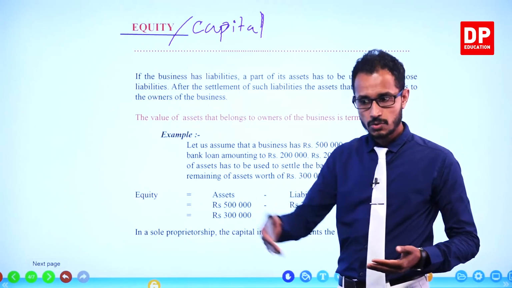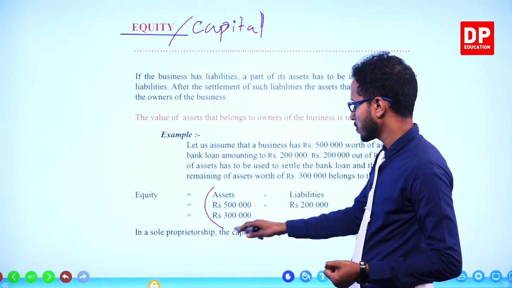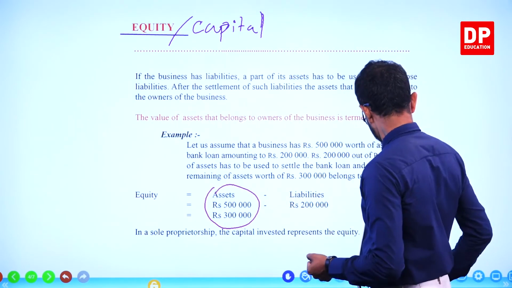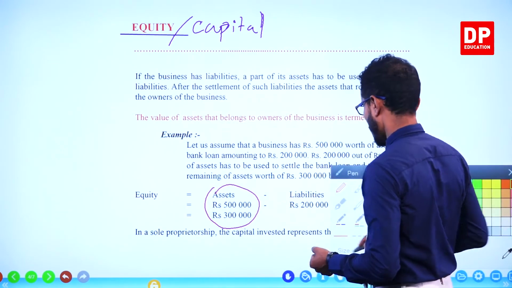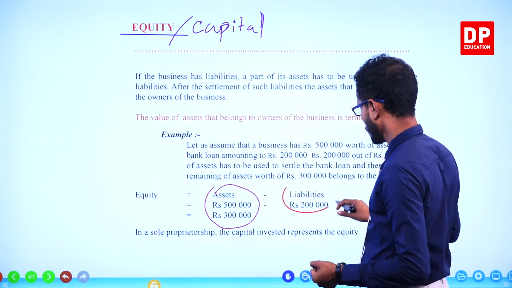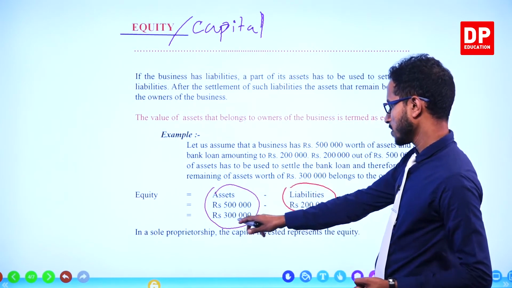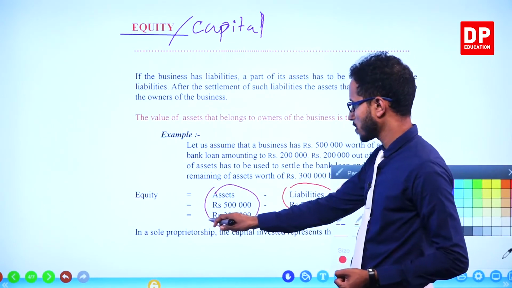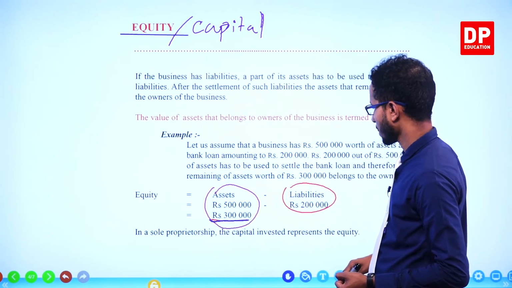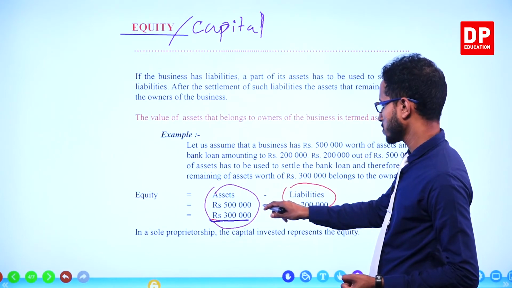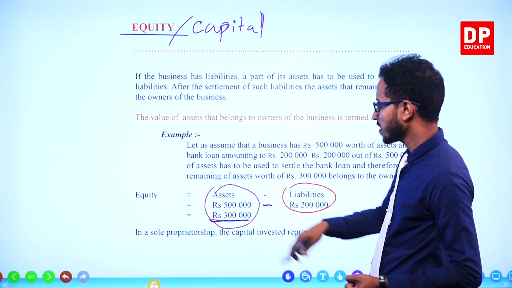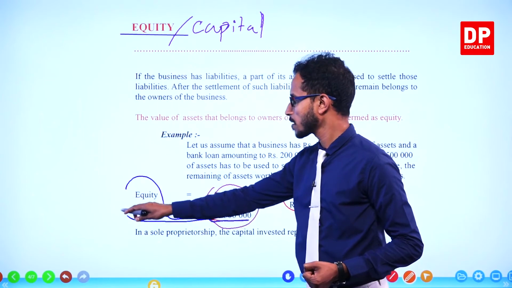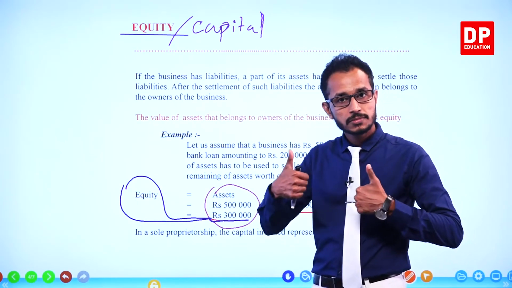This is what I explained just now: from total assets, when you minus the liabilities, the remainder is equity. 500,000 minus 200,000 liabilities, 300,000 is remaining, that is equity. All right, moving on.